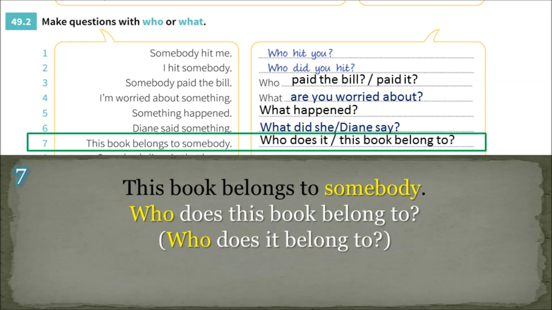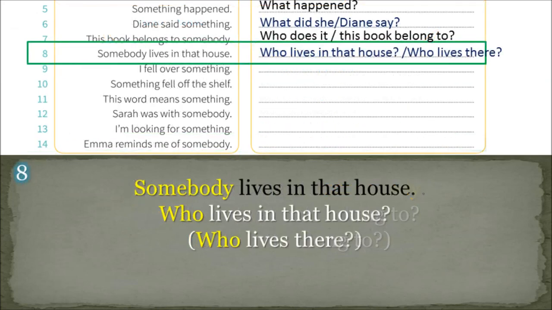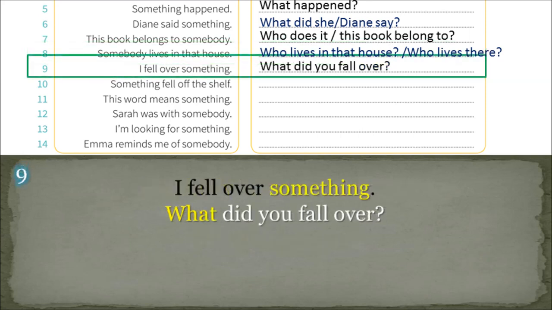This book belongs to somebody. Who does this book belong to? Who does it belong to? Somebody lives in that house. Who lives in that house? Who lives there? I fell over something.